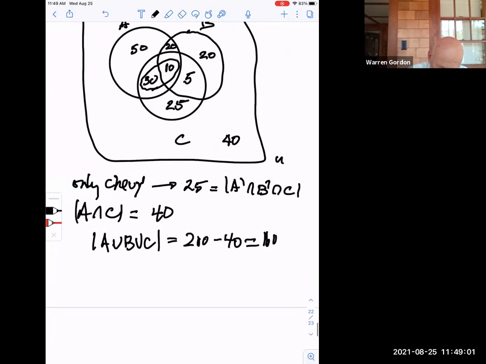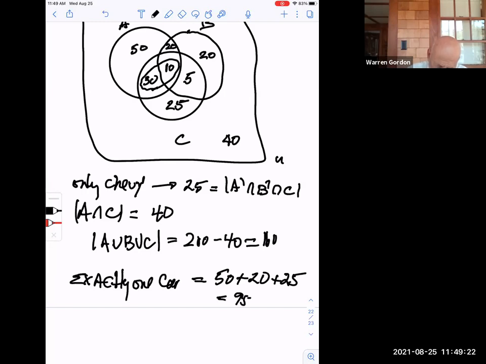And the last question is exactly one car. Well, there are 50 people who drive only Audi. There are 20 people who drive only BMWs. And there are 25 people who drive only Chevrolets, which gives me 95.